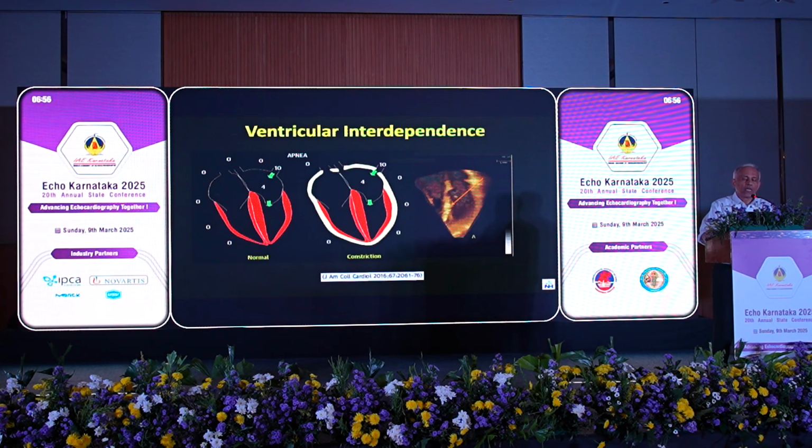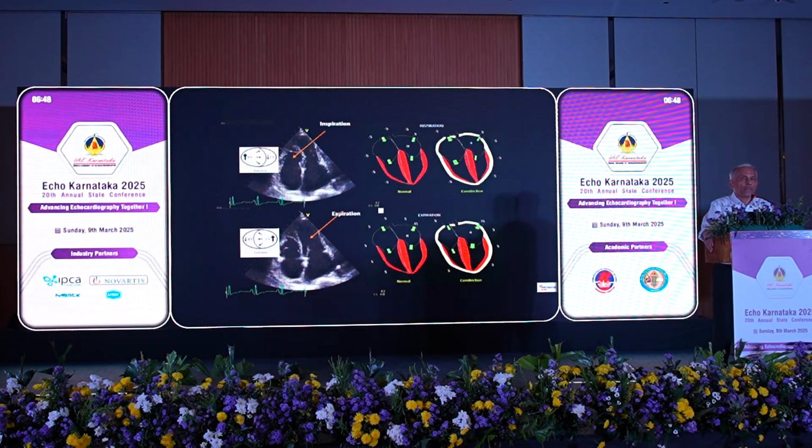This is something which has to be noticed every time you are suspecting someone with constrictive pericarditis. With inspiration, the septum moves to the left side, and then the right side becomes big. As the patient expires, the septum again comes back to the right side, and the left-sided filling starts to increase.